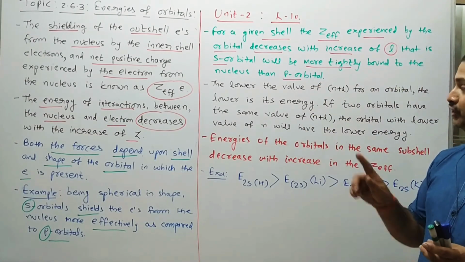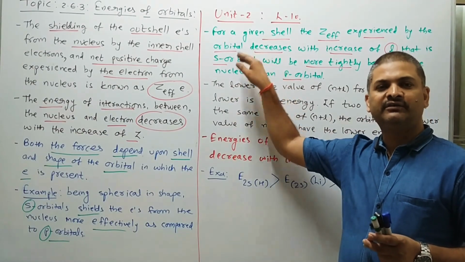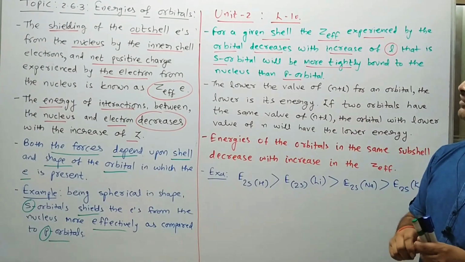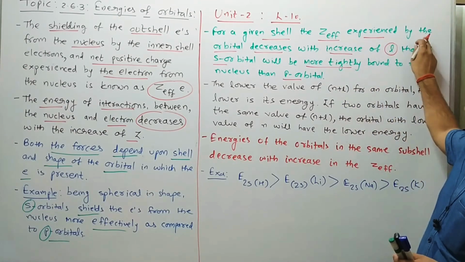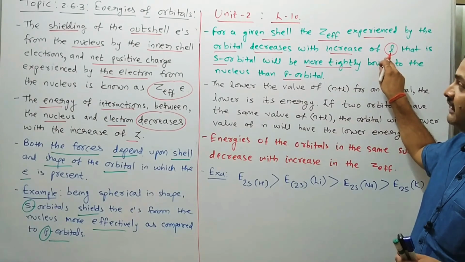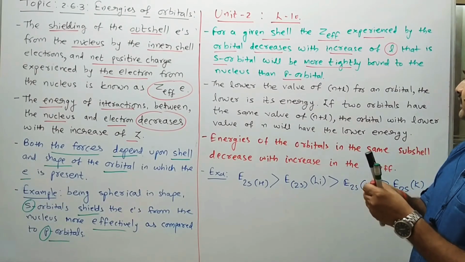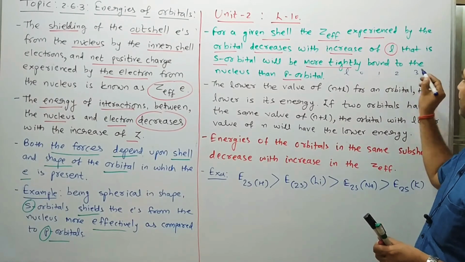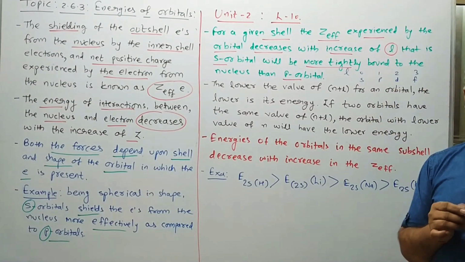Clear or not? Who is close to the nucleus? The s orbital. After that? The p orbital. After that? The d orbital. Understood? Again I am repeating: for a given shell, the effective nuclear charge experienced by the orbital decreases with increase of l. What is l? If I talk about l, here l is equal to 0, 1, 2, 3. So this is s, p, d, and then after that f will come.